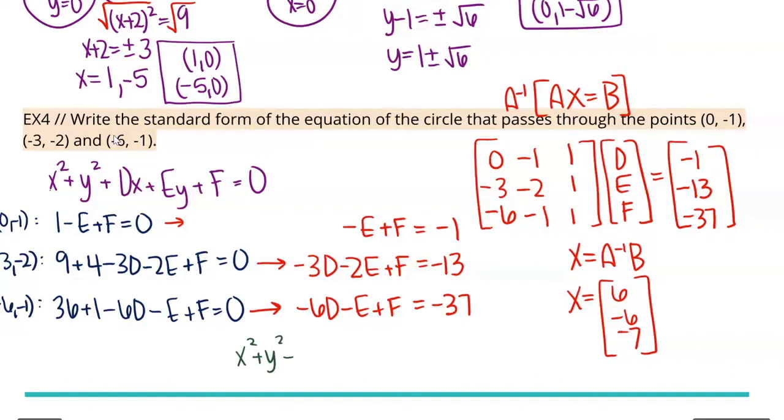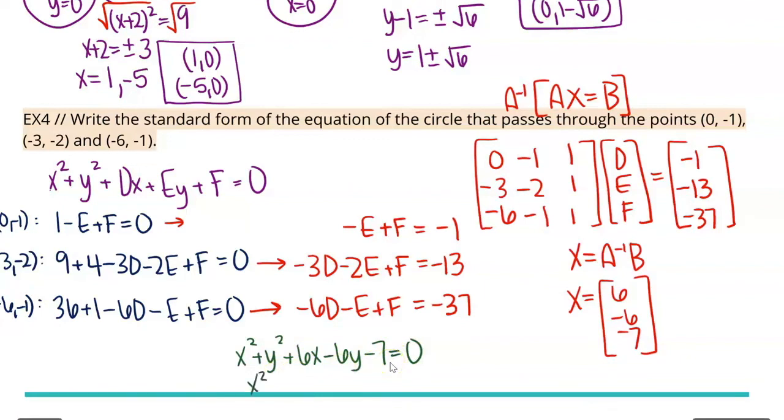My D is 6. E is -6. And F came out to be -7. And this does say standard form. It does not say general form. So we do have to complete the square and get this into standard form. So go ahead and put that into the Edpuzzle, the equation of this circle in standard form.